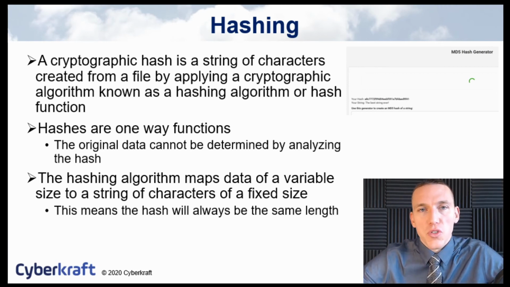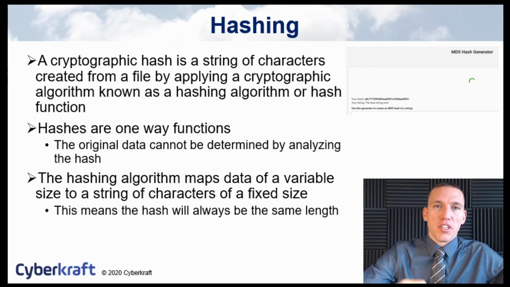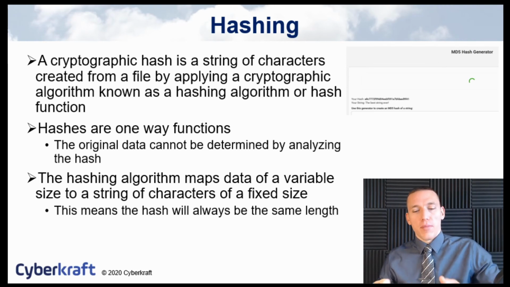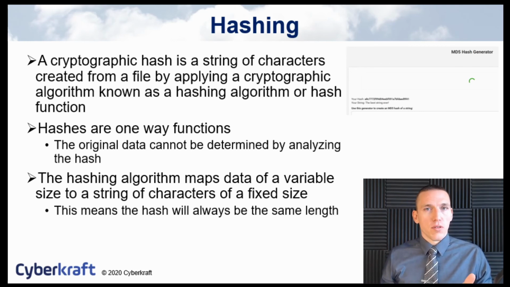This can also be used to ensure data integrity when data is stored in storage. The data integrity can be checked as the data is being recalled and the hashes can be compared from when the data was stored to when the data was recalled. If they're the same, then there's been no data degradation.